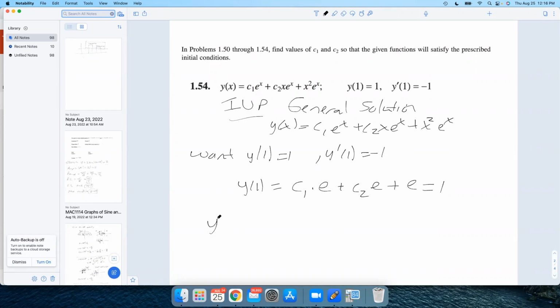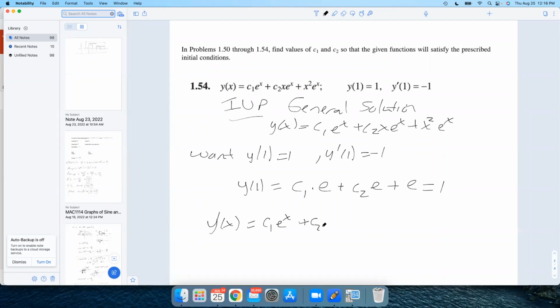Now I need y prime of x. So I'm going to have to take the derivative here. So derivative of e to the x is just e to the x. The c1 comes along for the ride. Here, I'm going to have to do product rule.